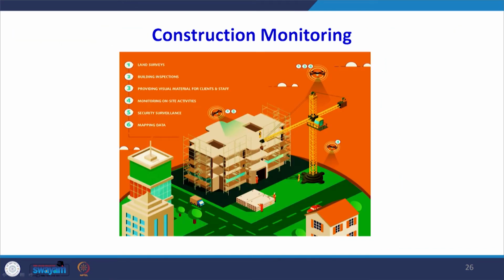This particular slide shows 6 activities, starting from land survey to building inspections, then providing visual material, monitoring on-site activity, security surveillance, and mapping the data. So, a large number of activities are carried out.